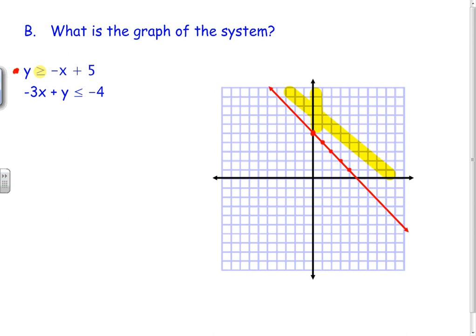All right, I'm going to do the second one in green. The second one is not ready to be graphed, so I'm going to start by adding 3x to both sides. Adding 3x gives me y is less than or equal to 3x minus 4. That's a line that crosses at -4, goes up 3 and to the right 1.